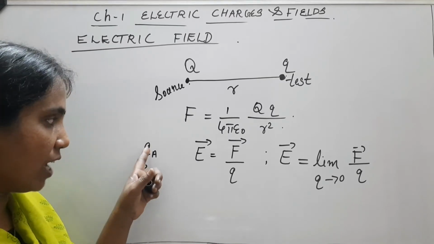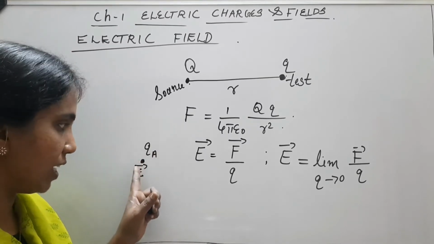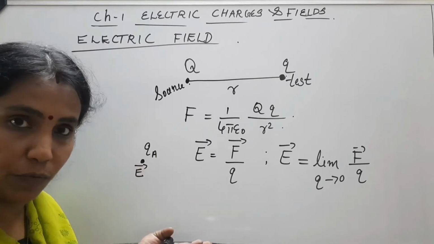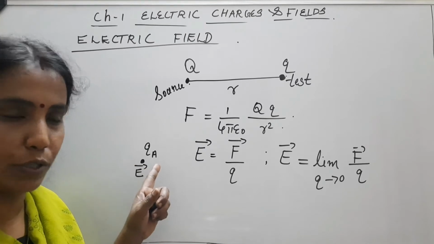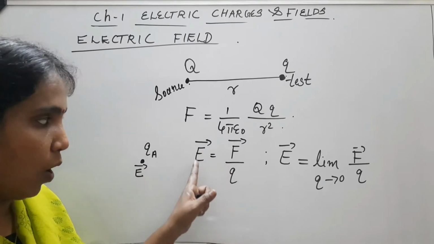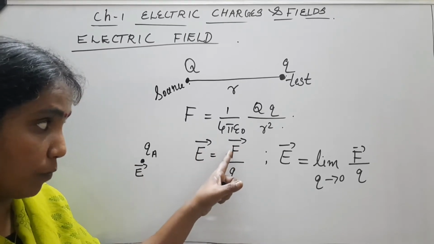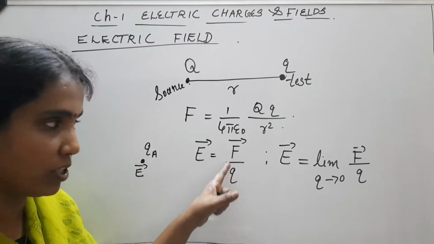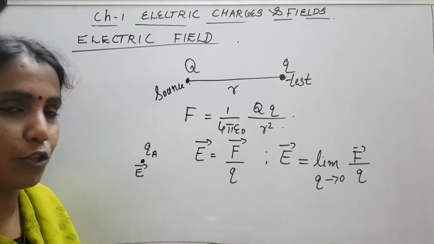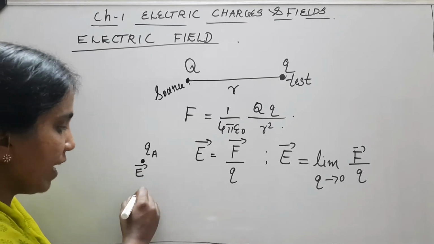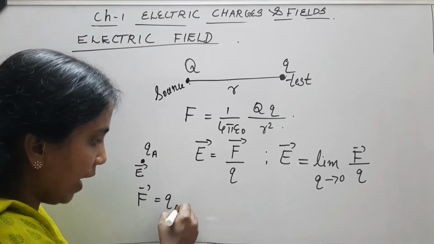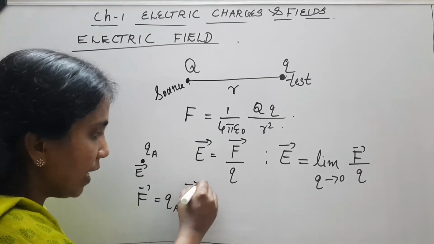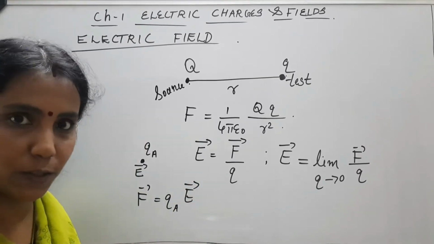So if a charge QA is kept at a point where there is an electric field, surely that charge will experience a force. So from this expression, what is the force experienced by that charge? Of course, F is equal to Q into E, or here F is equal to QA into E.